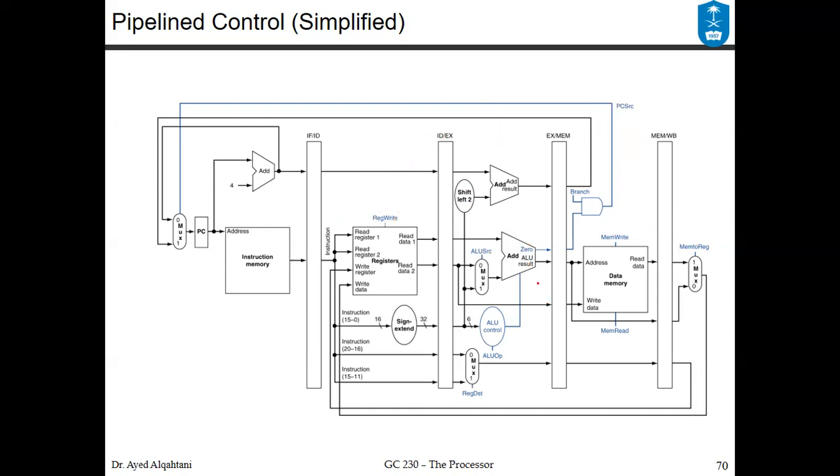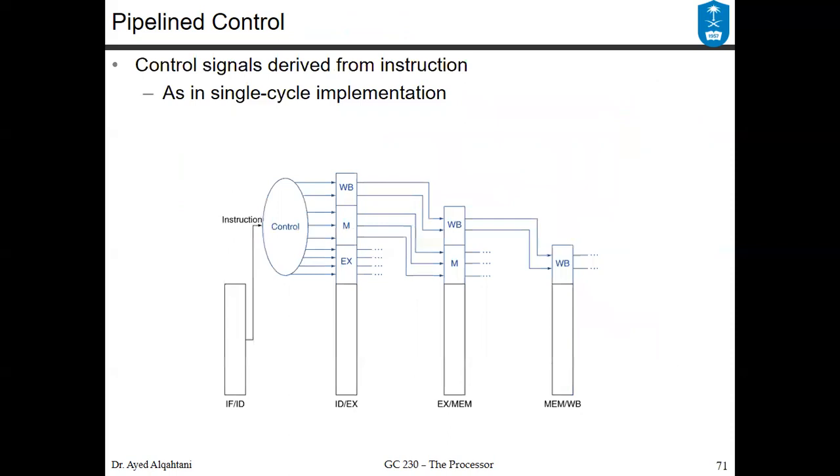So to do this, we will make a simple modification from this pipeline register. We will give the instruction and feed it to the control, and we will categorize it as some controls going to the execute stage, some controls going to the memory stage. You need to forward it to the next pipeline register and then feed it to the memory stage.